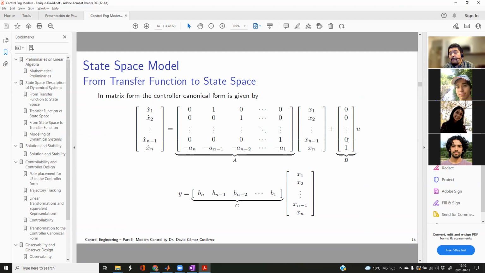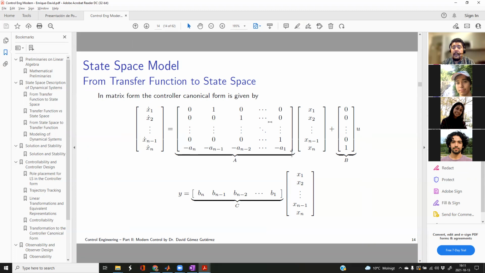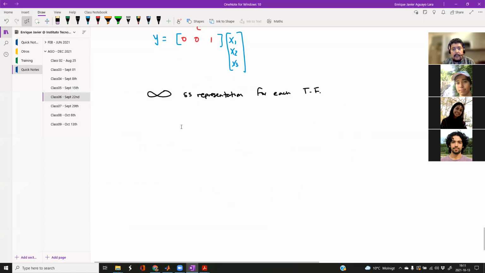Okay, and then matrix B also has a specific structure, which is 0, 0, 0, 0, and 1 in the last. And C could be anything you want. So this is how the system will be represented in state space under this specific canonical form. If we don't have this subdiagonal and a bunch of zeros and a 1 in the end, then it is not this canonical form.